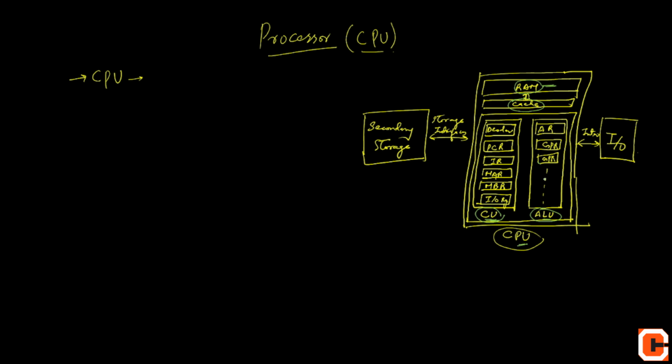I will first tell you about the control unit. We have already seen these two basic components of the CPU, the control unit and the arithmetic and logical unit. Although the control unit does not perform any actual processing of data, it acts as a central nervous system, as I told you in the previous lecture, for all the other components of the computer.